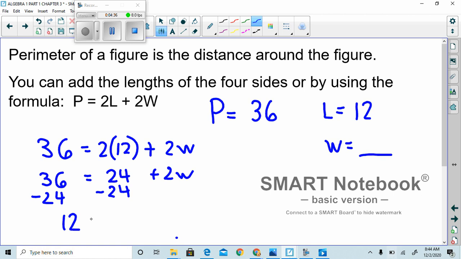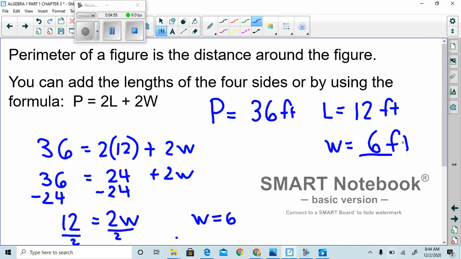That leaves me with 12 is equal to 2 times W, the width, and I'll divide. And I'll get W is equal to 6. But what I didn't tell you is that this was feet. This was feet, so that means I'm measuring in feet, so the width is 6 feet.